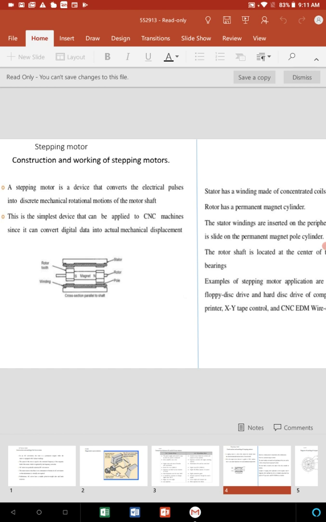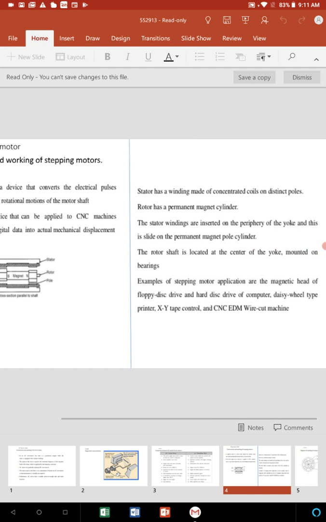It is a device which converts electrical pulses into discrete mechanical rotational motion of the motor shaft. This is the simplest device that can be applied to a CNC machine, which converts digital data into actual displacement.